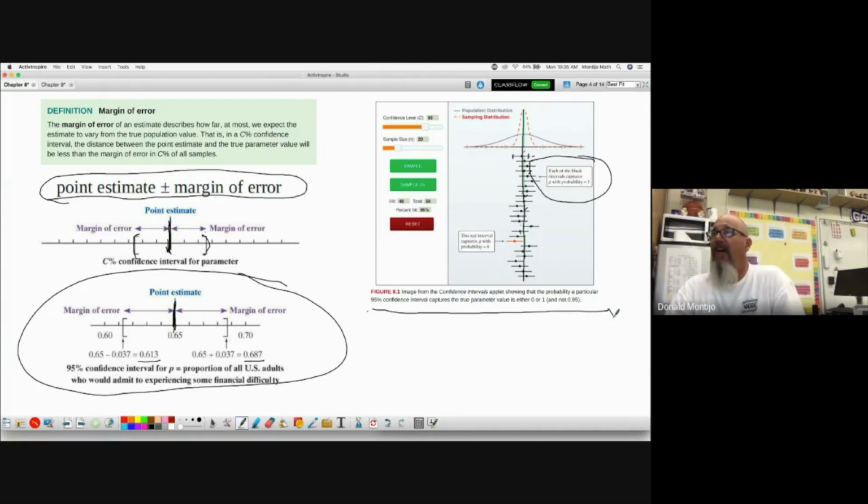It's a 95% confidence interval that we constructed. The probability that it captures the true parameter is either 0 or 1, not 95%. 95% is telling us that 95 out of every 100 intervals we construct this way would capture the true population parameter.